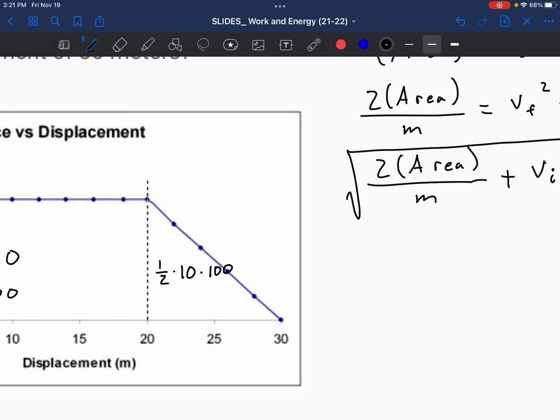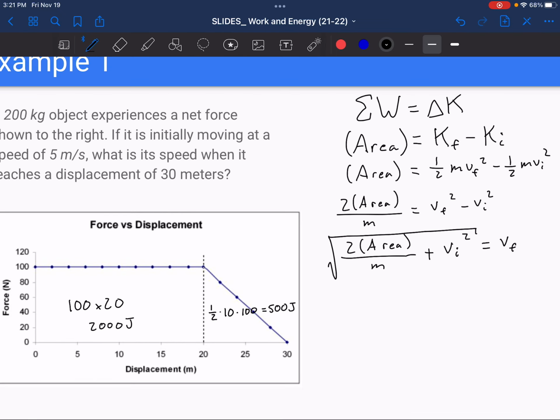So 1/2 times 10 times 100, so that's 5 times 100, which is equal to 500. These are all measured in joules, just to be really clear. So our area is 2,500 joules. That's the total amount of work done by this force.